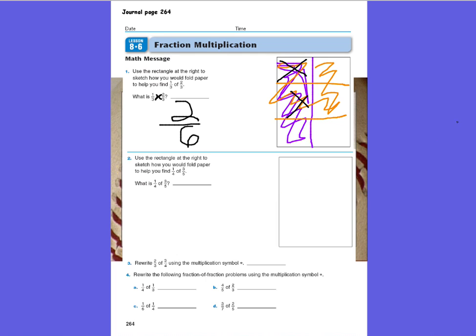Alright, looking at another example, 1/4 of 3/5. Let's make our fourths here. Remember, they don't have to be straight lines, just having the right idea. Alright, I have my 1/4, and now I need 3/5, so let's get our fifths. 2 sections, 3 and 5.